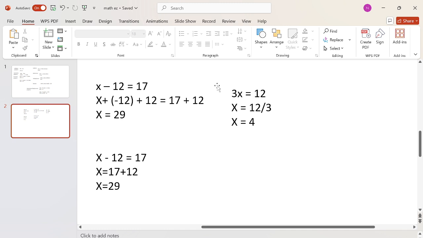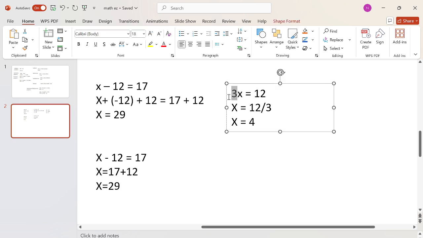So if we transpose 3 times, it will become divided by 3. So we should divide 12 by 3 because we will transpose it. So here x equals 12 over 3. What is 12 divided by 3? 4.